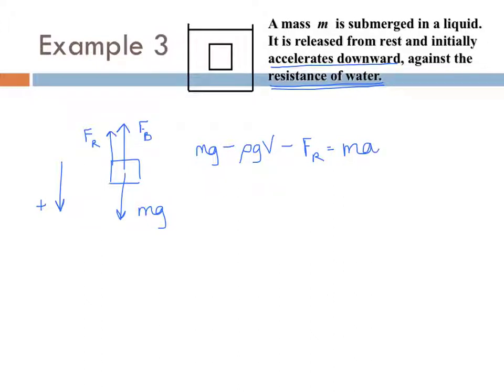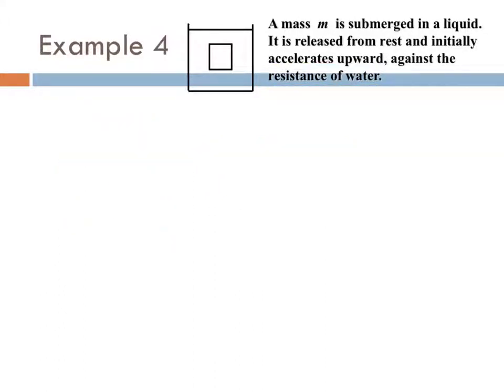Now, again, we're just setting up the problem here. You would need to have enough information to be able to solve for any one of these variables. In this problem, you have a mass m submerged in a liquid. It is released from rest and initially accelerates upward against the resistance of water. Again, now we're accelerating in the opposite direction. Gravity still acts downward. Now our buoyant force is actually enough to get it to accelerate upwards.